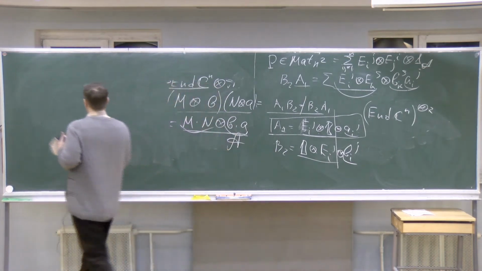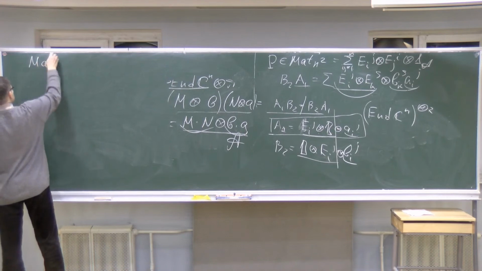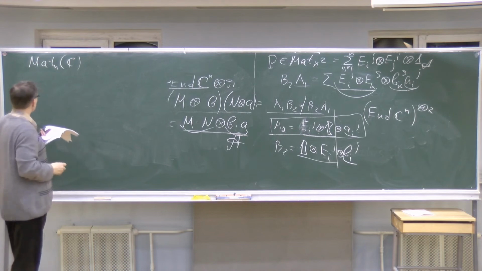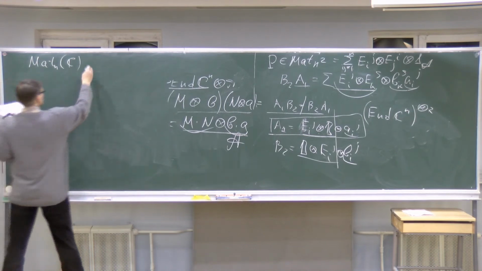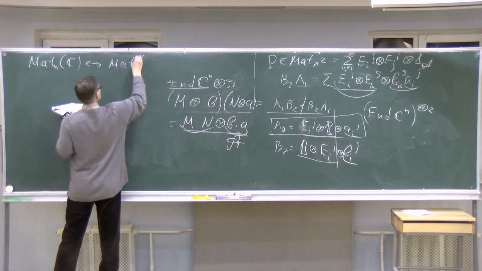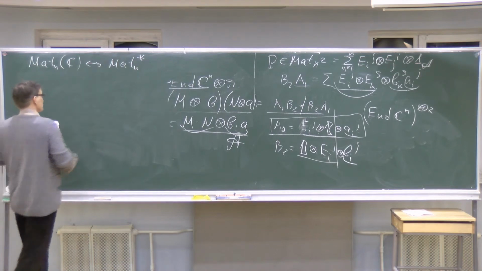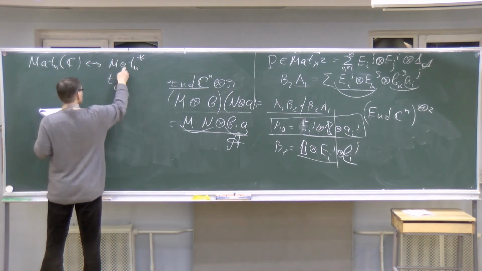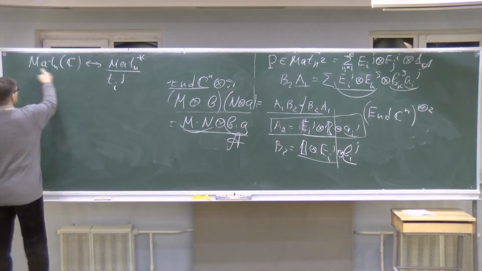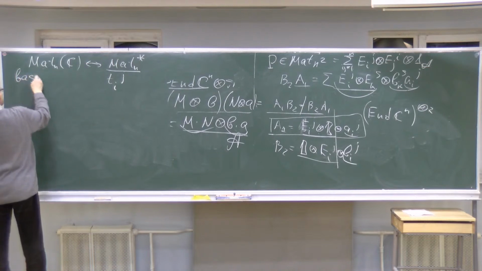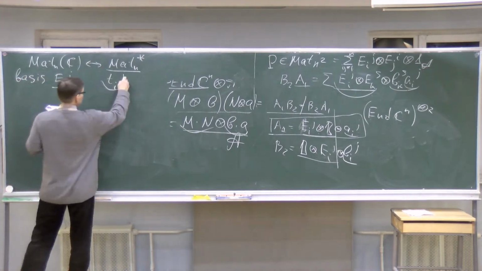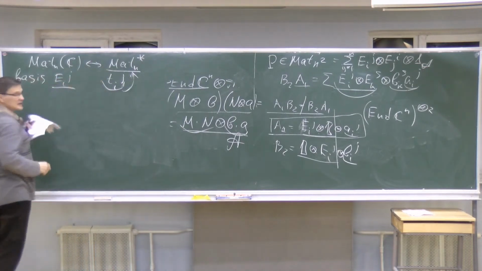Okay, so we considered the complex n times n matrices, and consider the dual space, the space of linear functions, and we introduced here the coordinates of this linear function with respect to the basis dual to the basis of matrix units. These are the coordinates with respect to the dual basis to the matrix units.